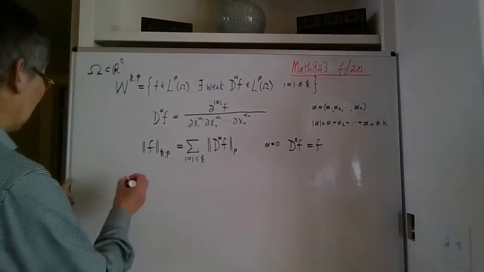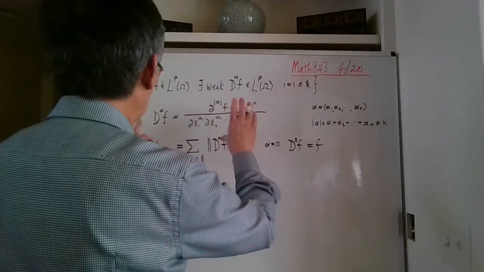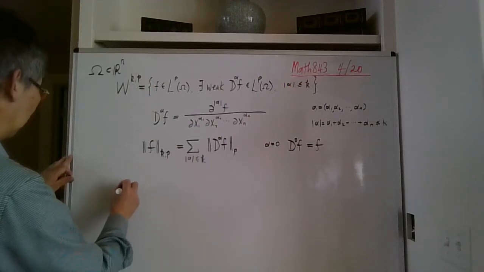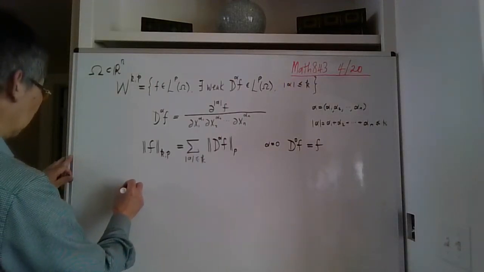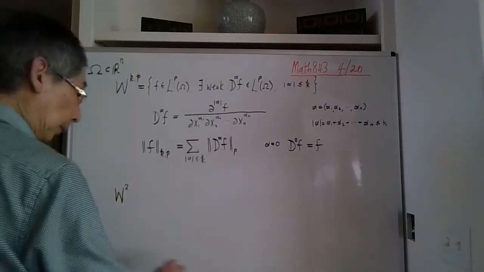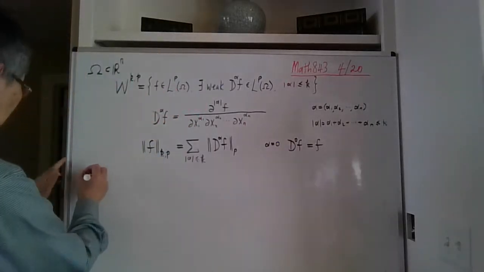Before we prove the completeness, let's see a simple example to demonstrate exactly what the components in this space are. Let's think about the case W^{2,p}.